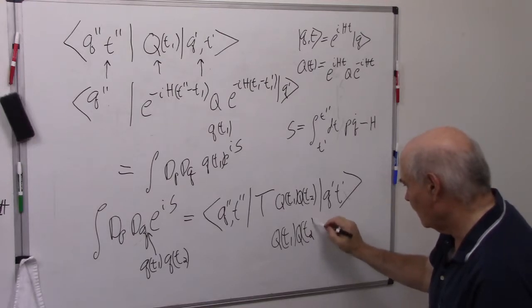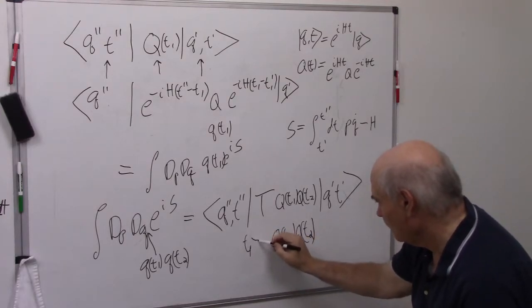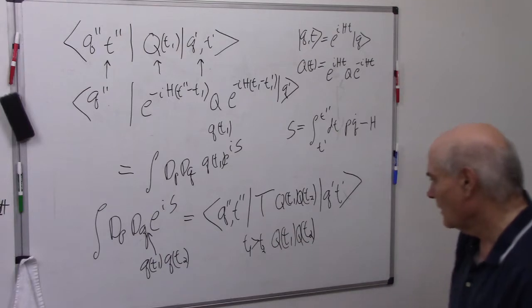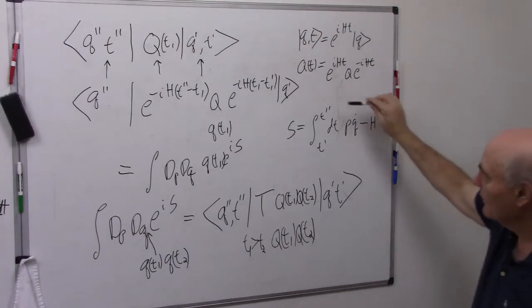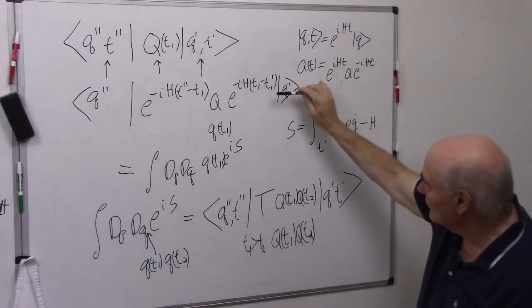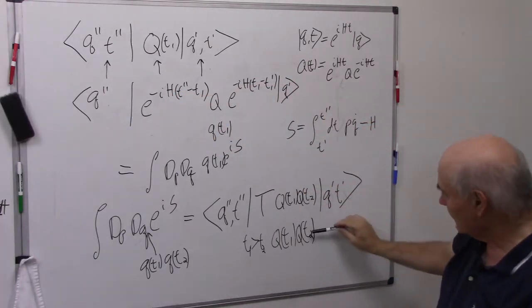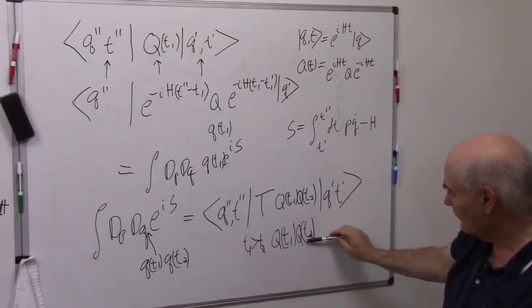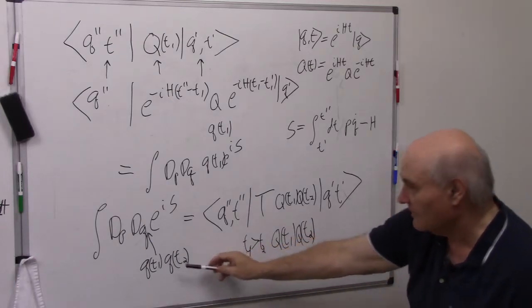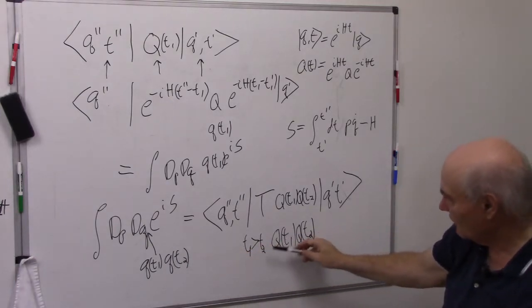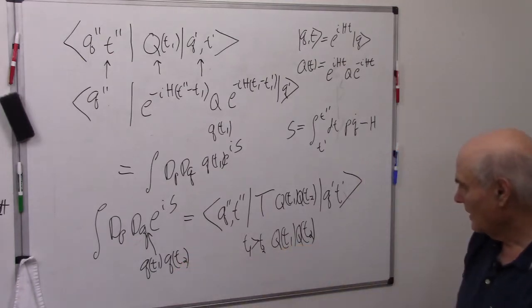That's the definition of time order. And so it sort of makes sense. When we're doing our path integral, we go from earlier times to later times. So the first thing we're going to hit is the earlier time, Q of T2. That's where we get that. Then we're going to hit the Q of T1. That's where we get that.